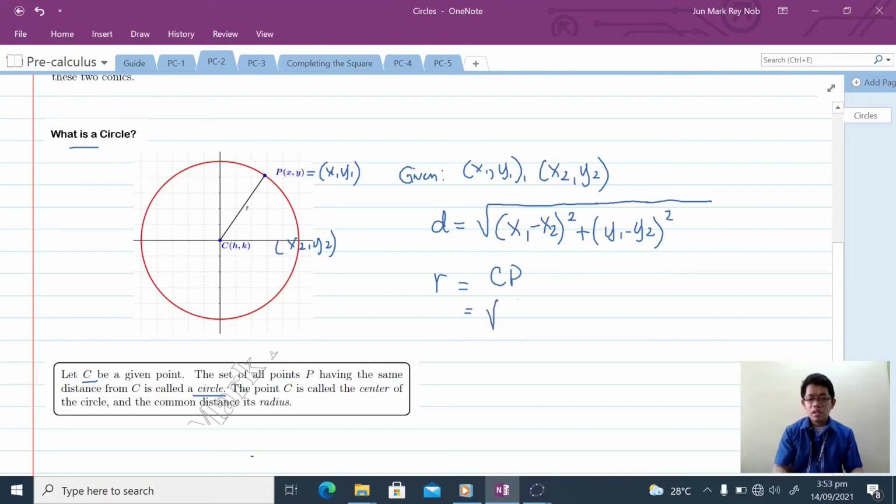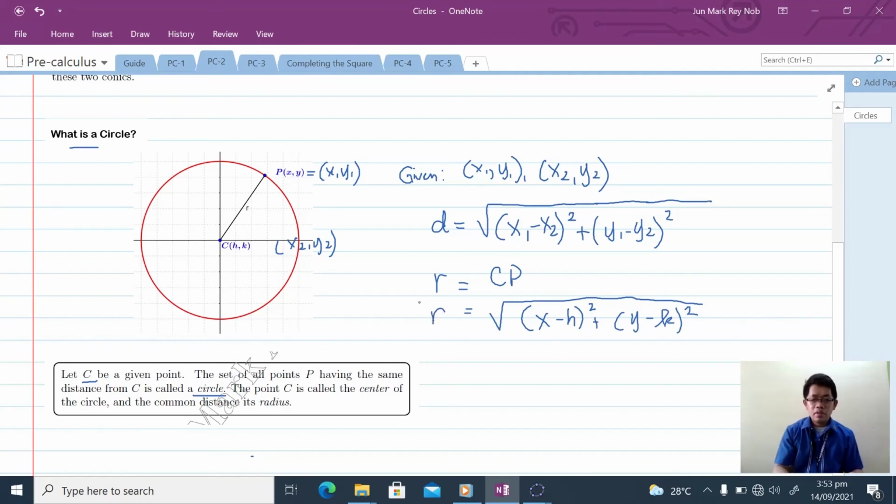The distance is equal to the square root of the square of the difference between x1 and x2. x1 is x, x2 is h, so we have x minus h squared, plus y1 minus y2, so y1 is y, y2 is k, so y minus k, quantity squared.